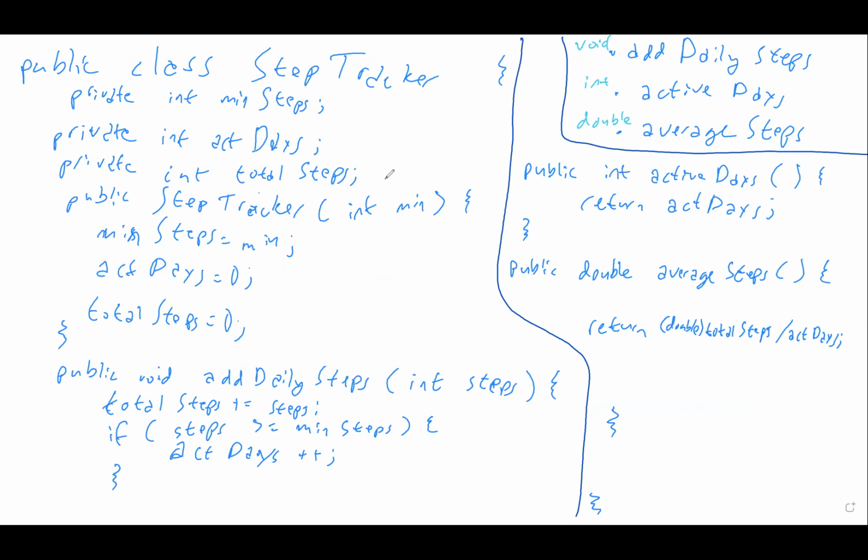We'll probably do an if statement. So if act days isn't 0, then return exactly that calculation. Else return 0.